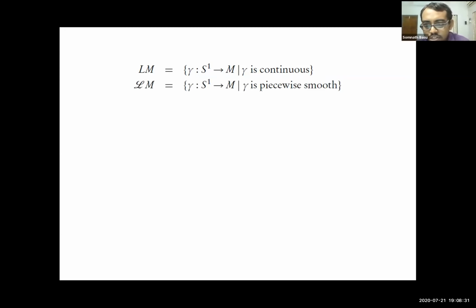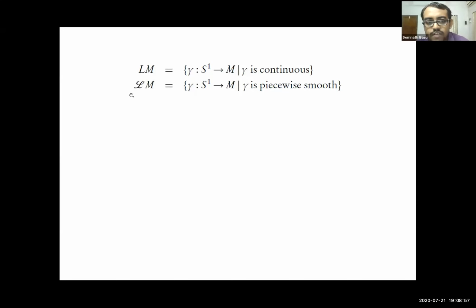There's a cousin, which is the smooth version of this, denoted by script LM, which is all piecewise smooth curves from S1 to M. Okay. So this is slightly better behaved in terms of doing some sort of infinite dimensional analysis and so on. It turns out that these two spaces, the continuous free loop space and this smooth cousin, are homotopy equivalent.